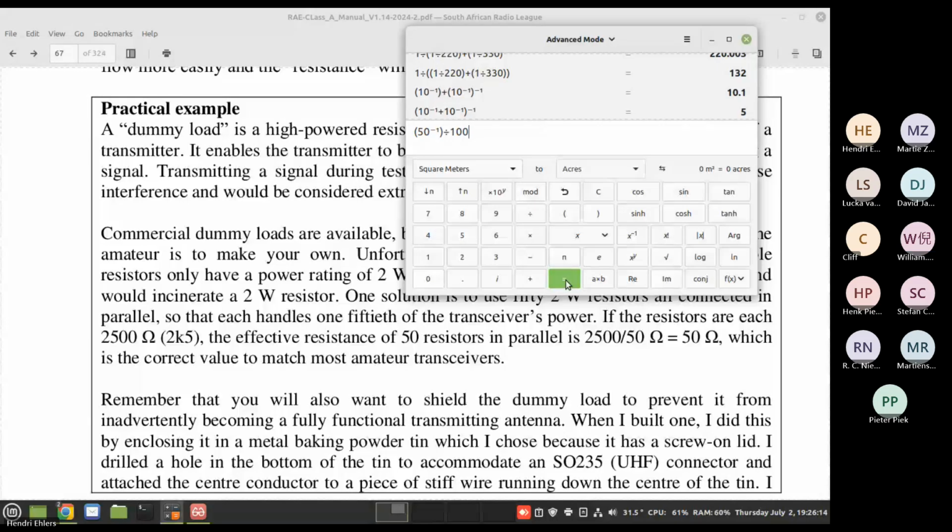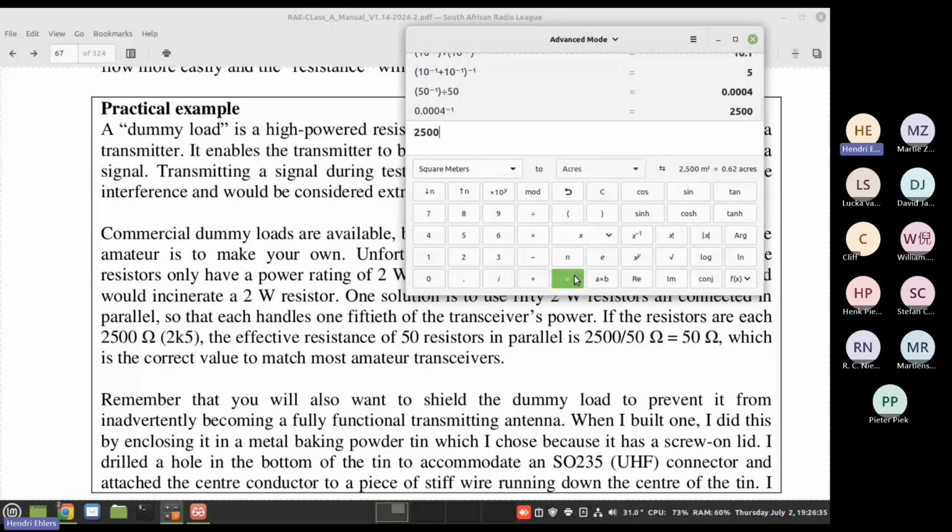Because we know we need 50 resistors, so it's 50 ohms divided by 50 resistors equals that. And indeed, there we get the correct answer, 2,500 ohm, which would be the same as a 2K5 or a 2.5K resistor, as they say there.